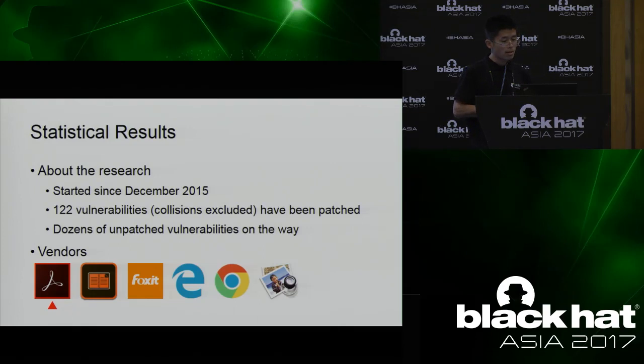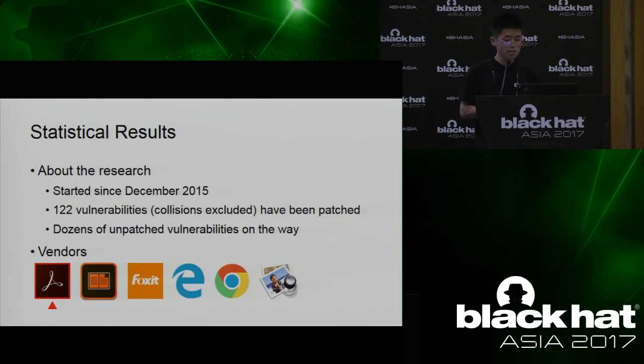So, my research started in December 2015. And during the research, I reported more than 100 vulnerabilities to Windows, and 122 of them have been patched. And there are some unpatched ones on the way.